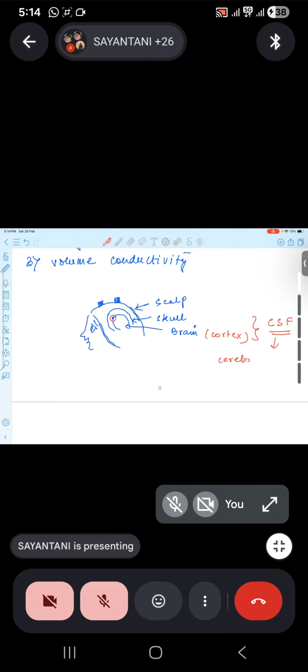Cerebrospinal fluid. Now, due to the presence of this fluid, if I'm thinking that the response of this section of the brain will be directly transmitted to this particular electrode, say electrode number 1, this does not happen that accurately.